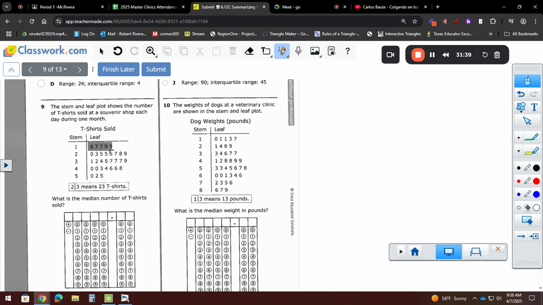How many did we highlight? 1, 2, 3, 4, 5. Yes? I need to do the same thing but in reverse, because we're trying to find the median. I highlighted how many again? 1, 2, 3, 4, 5. So I'm going to highlight 1, 2, 3.